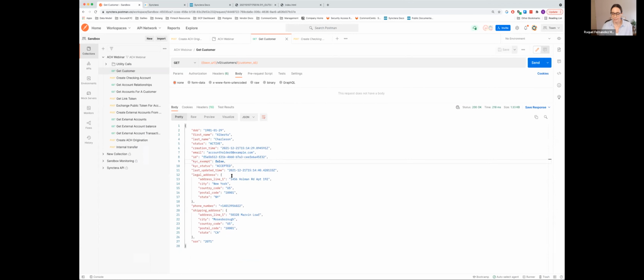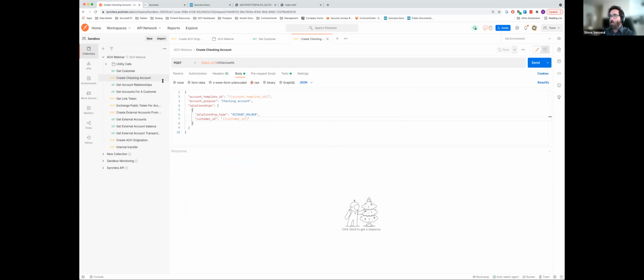Okay. Yeah. So we can see again Alberta's details as a response from the API, including all the pertinent stuff. Again, SSN masking, everything's handled automatically. And the next step is to create an account for Alberta so that she can transact on the system. We're going to do the API call right here.